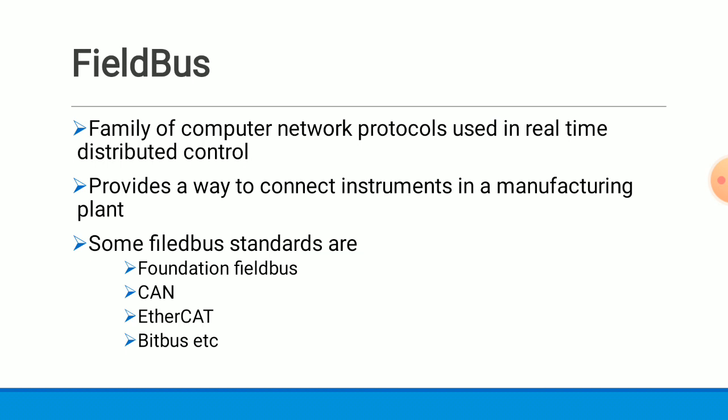Next one is Fieldbus. So what is Fieldbus? Fieldbus is the name of a family of computer network protocols used in real-time distributed control. A complex automated industrial or manufacturing system requires networked sensors and actuators, that is, input and output devices which are part of a network system.